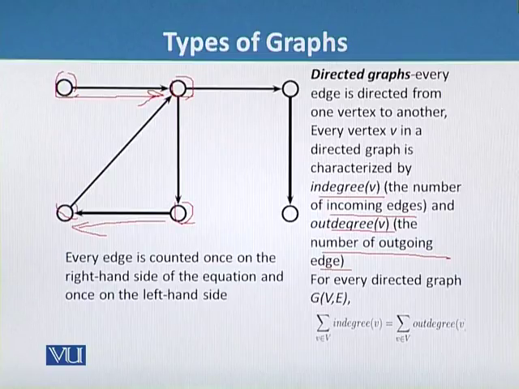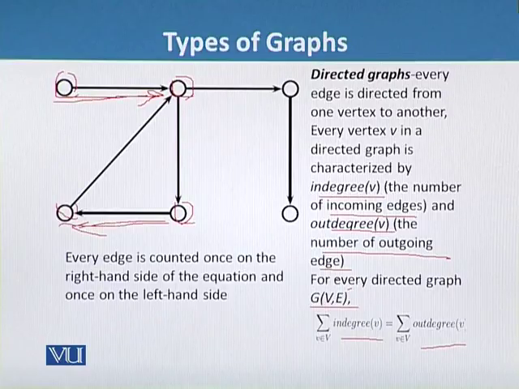And for every directed graph, G is equal to V and E. V is vertex and E is the edges, and it is represented as the summation of in degree V, and that is equal to the summation of out degree V. So in directed graphs, the number of in degrees and the number of out degrees are equal in number, since every edge is counted once on the right hand side of the equation and once on the left hand side of the equation.